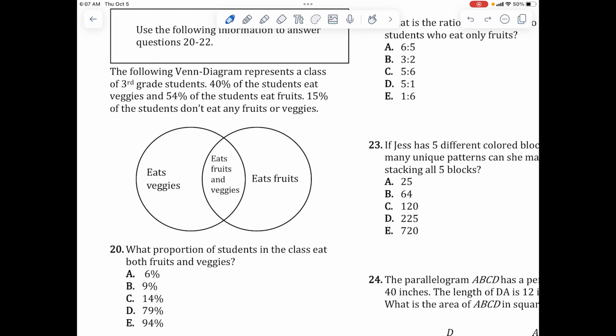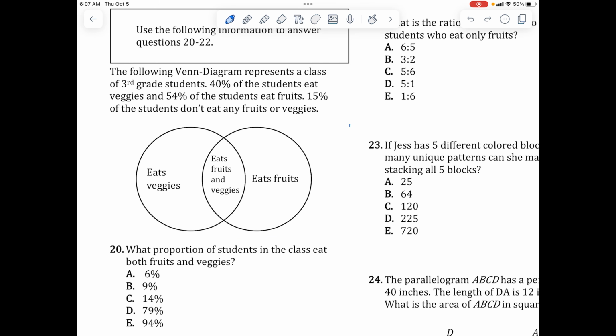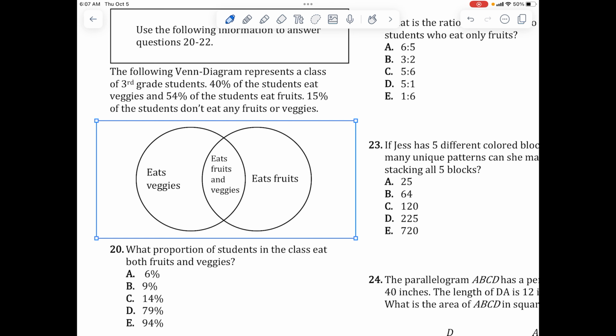Okay, so let me add another category here. So we're going to have the entire classroom represented by this diagram here. I just put a square around it to represent the set of people that are in the class. Okay? So we know that there's a group of people that eat either fruits or veggies or both.